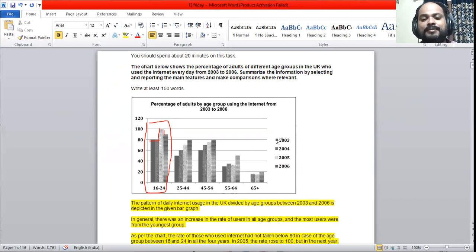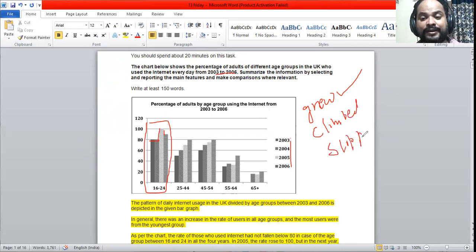As this is movement data, we can use the change vocabulary. For rising, you can use rise, climb, increase, grow, all these things. I can say it grew, because it's past tense, not present tense. I can say it climbed, and I can say it slipped on the negative side.